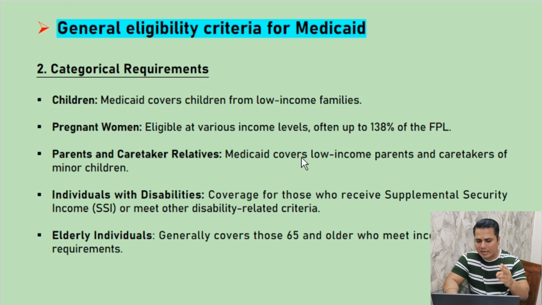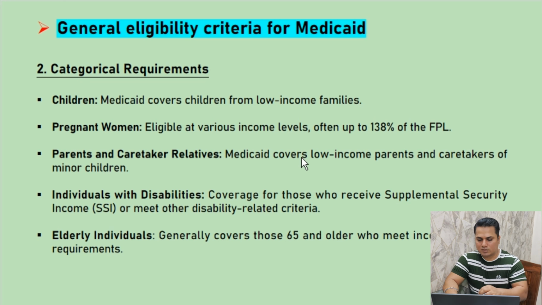Number two, categorical requirements. Children. Medicaid covers children from low income families. Pregnant women are eligible at various income levels, often up to 138% of the FPL. Parents and caretaker relatives. Medicaid covers low income parents and caretakers of minor children.